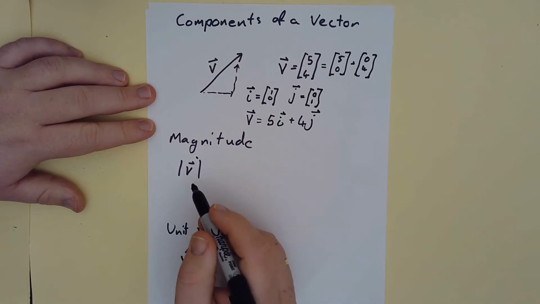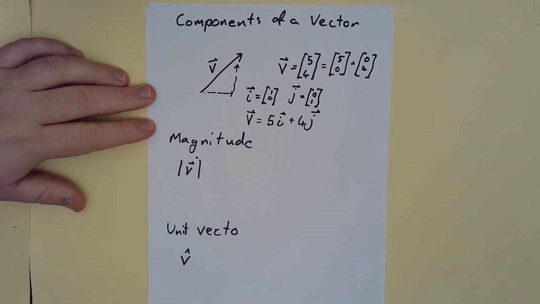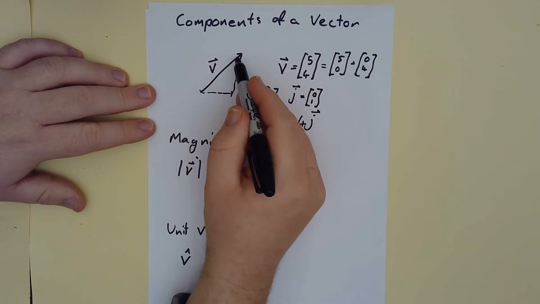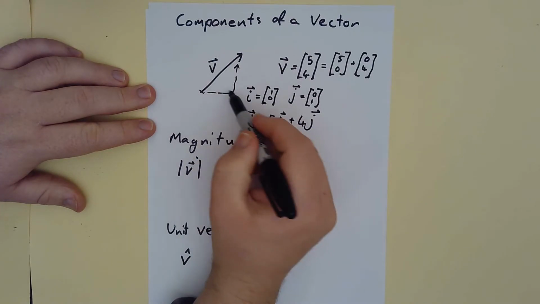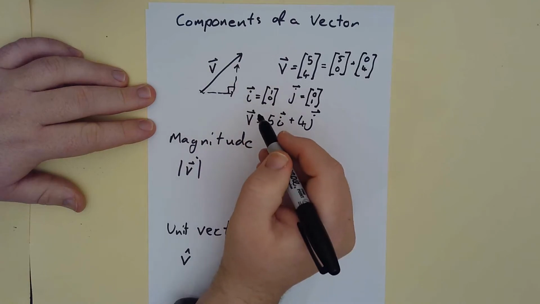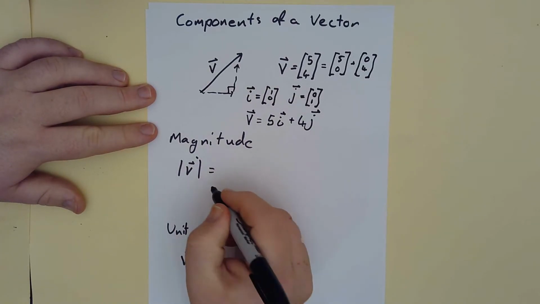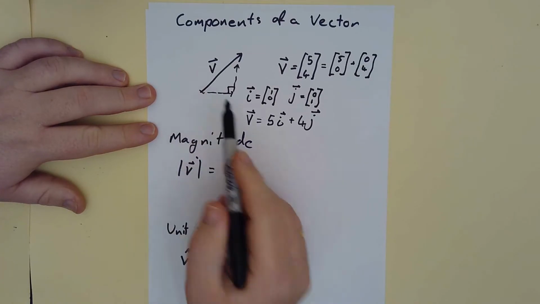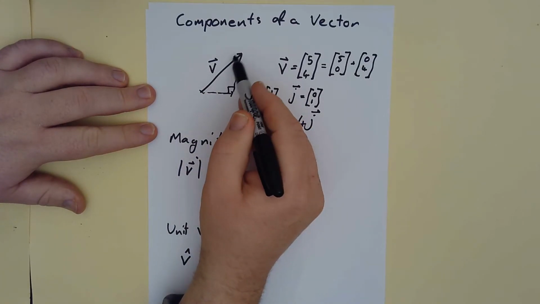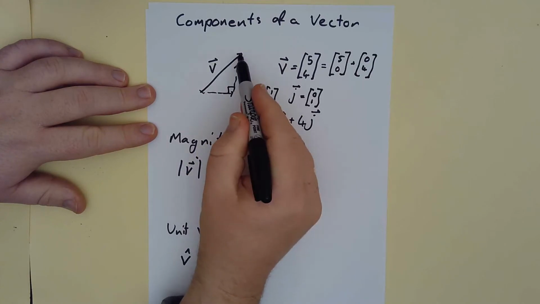The next thing I want to look at is magnitude. The magnitude is just the length of the vector. And so we can see here we've got a right angle triangle. We immediately think about Pythagoras when we see a right angle triangle and I'm trying to find the length. So the square of this distance is the square of that plus the square of that.